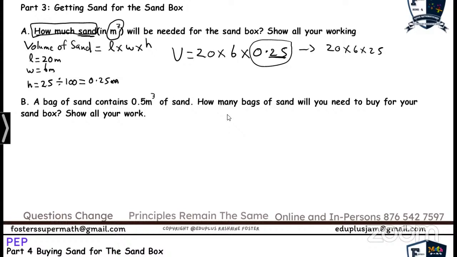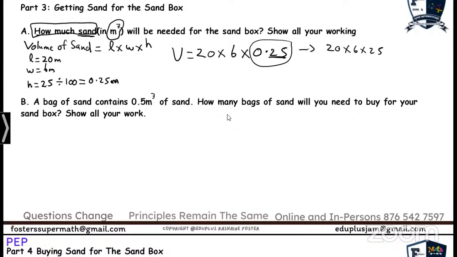And by the way, let me just explain another thing for you guys here. Remember, you are doing volume. What does that mean about the answer? Since you're doing volume, the answer has to be expressed in what unit? Meter cubed. Well, yes, meters cubed, we prefer to say cubic meters.